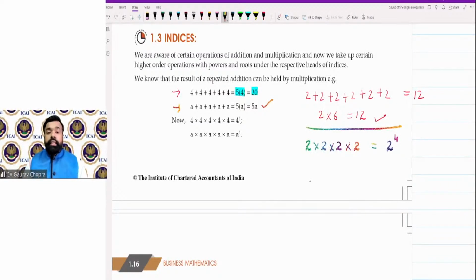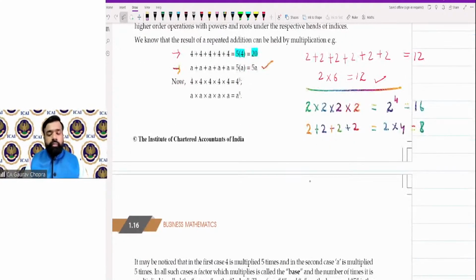So there is a difference. In case of addition, 2 plus 2 plus 2 plus 2, we will write 2 multiplied by 4. It becomes 8. But 2 to the power of 4 becomes 16. So this is the basic law of indices, right? This is the first basic thing which we are learning here.